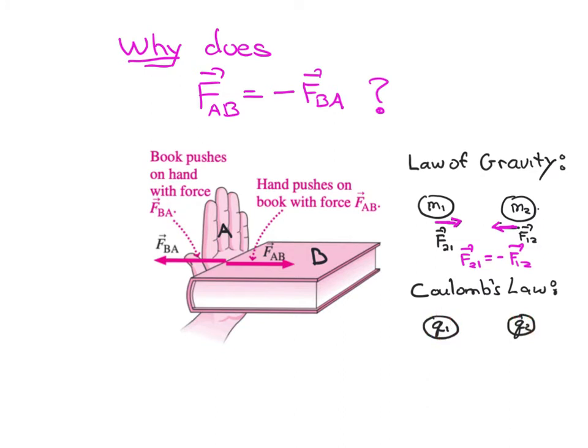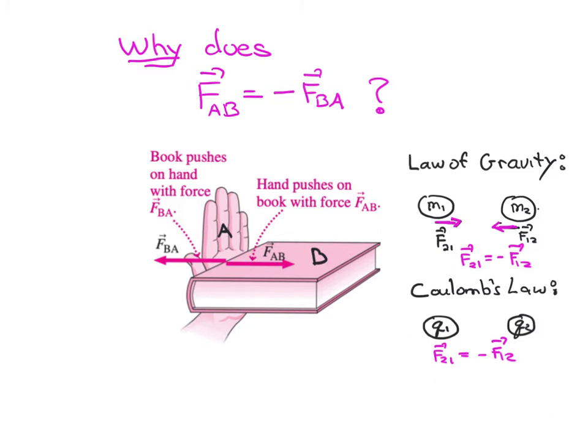If you have two charged particles, then it turns out to be true that F sub 2,1 will always be equal to minus F sub 1,2. Now, the difference between Coulomb's law and gravity is that the forces can either be attractive or repulsive, depending upon whether the charges have the same sign or opposite signs.